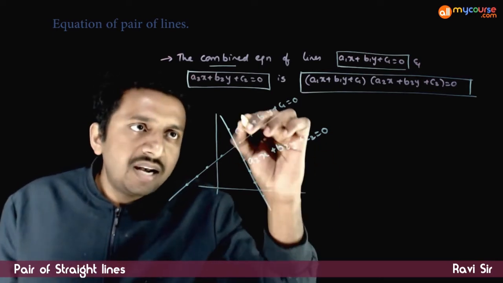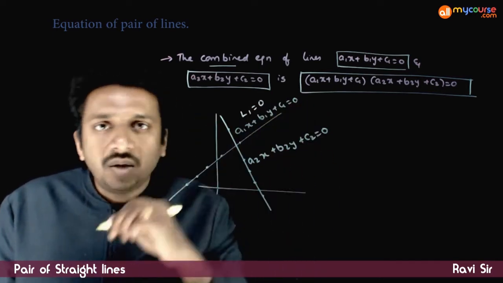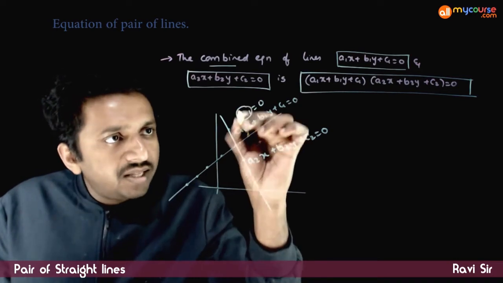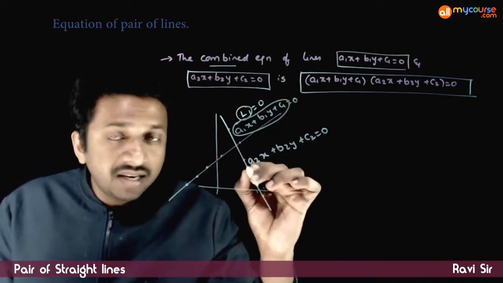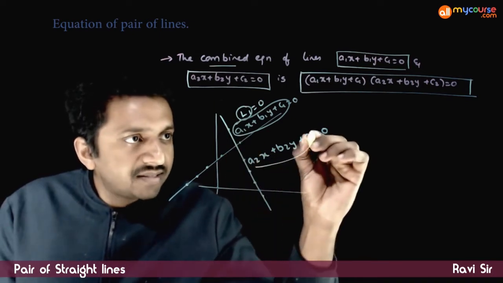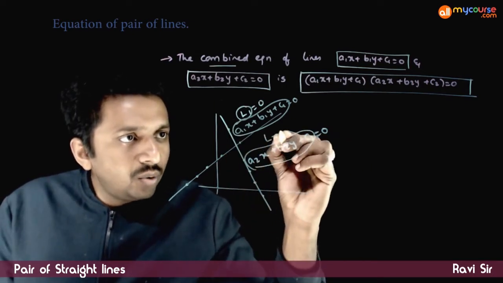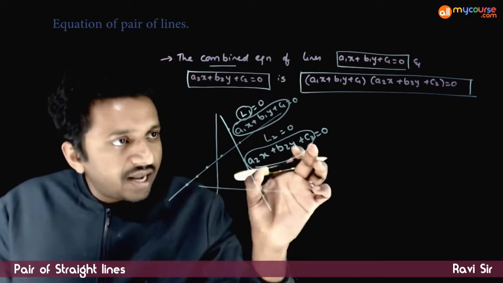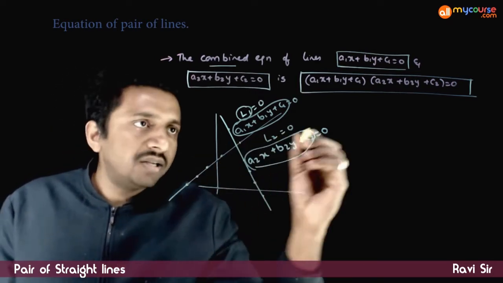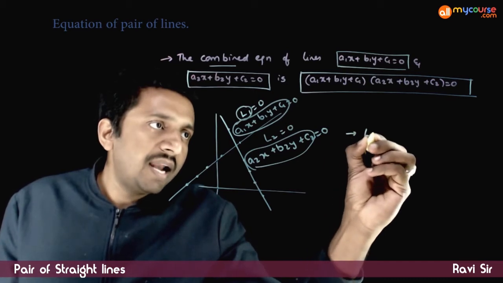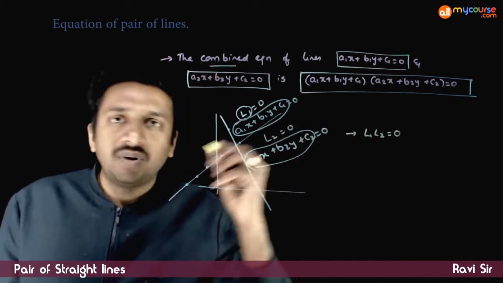If this line can be written as L1 is equal to 0, where L1 is this expression, and if the second line can be written as L2 is equal to 0, where L2 is this expression, the combined equation is nothing but L1 times L2 is equal to 0.